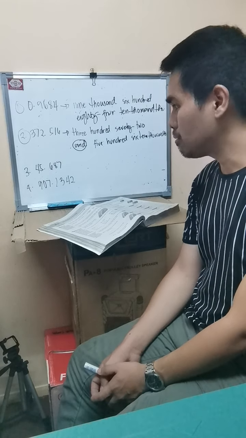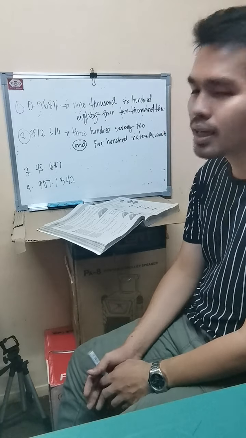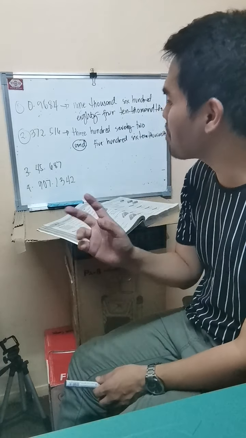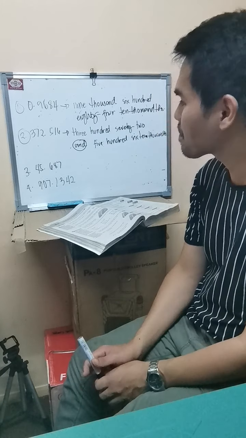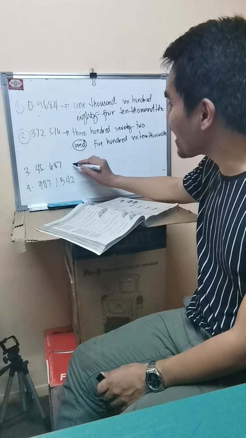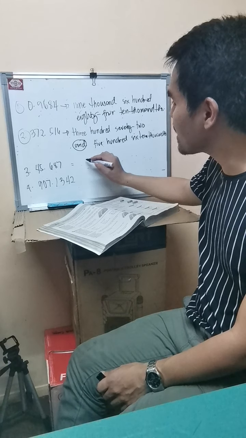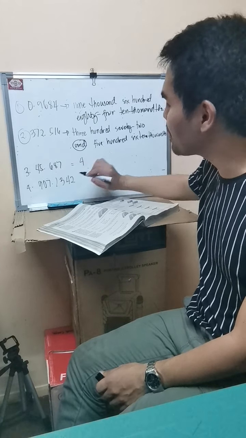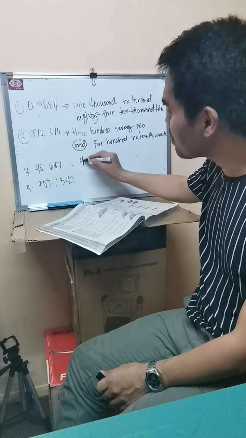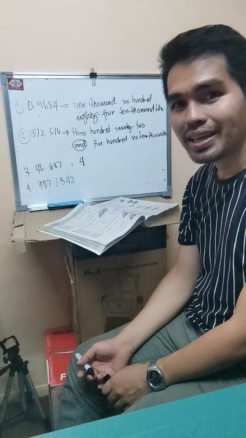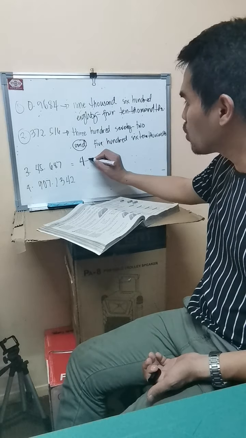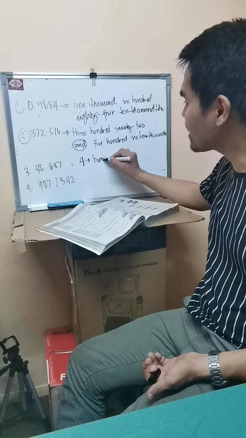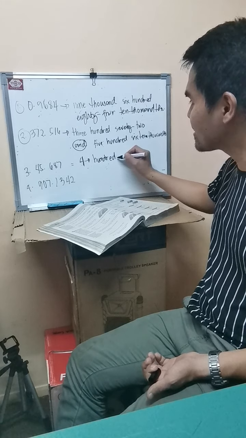907.1342. Now, very quick, I'm going to identify a number in the given, and then you tell me its place value. Okay? So, I would like you to tell me what is 4. In this example number 3, what is the place value of the number 4? Yes? Okay, the place value for 4 here, actually 4 here is a whole number, which is in the hundreds place.